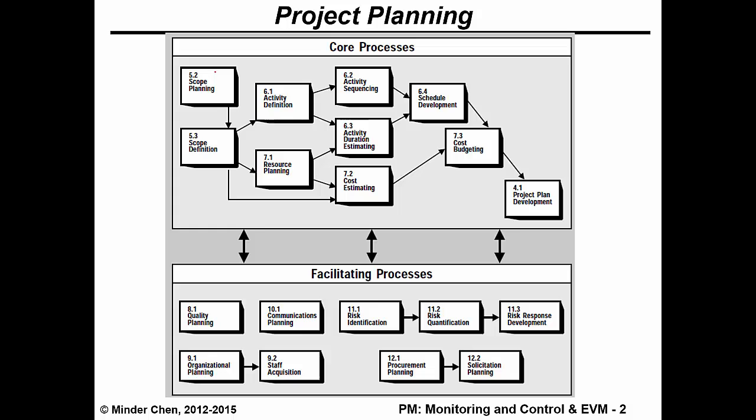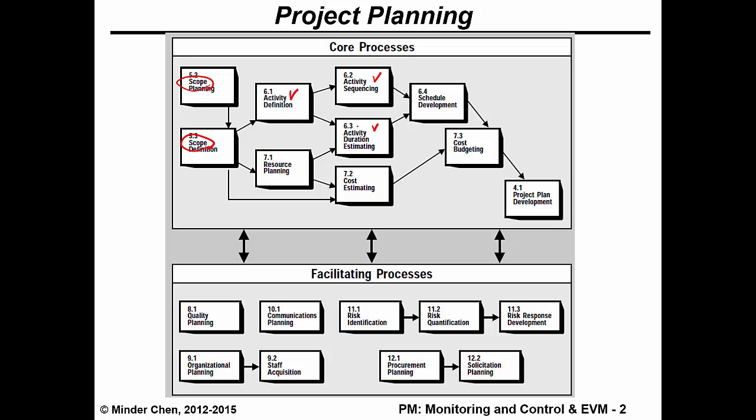In planning, we need to focus on scope first, and then through the scope, or the so-called work breakdown structure, we would define what kind of activities need to be performed. We would determine the dependency or the sequencing of the activities, and estimate the time that's required to perform these activities.